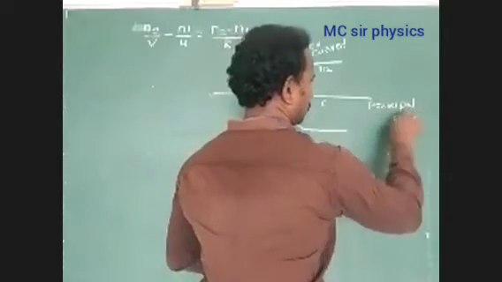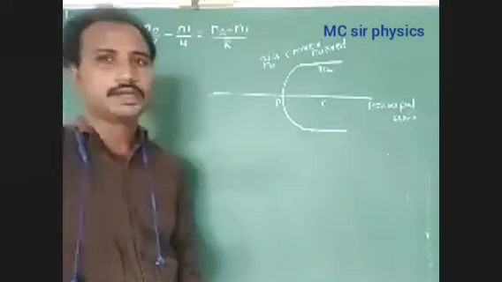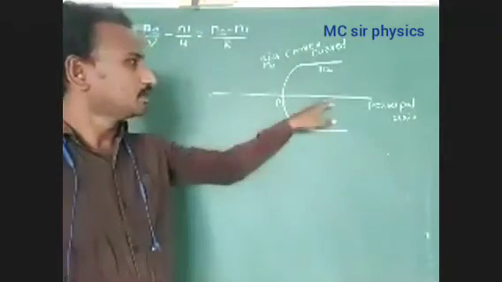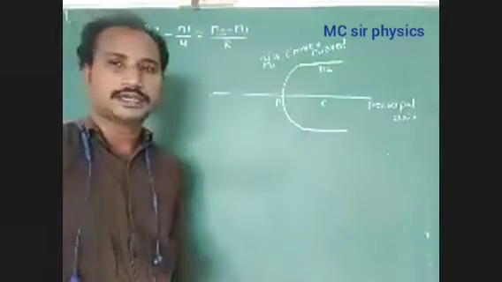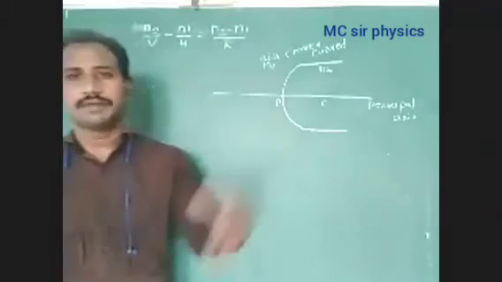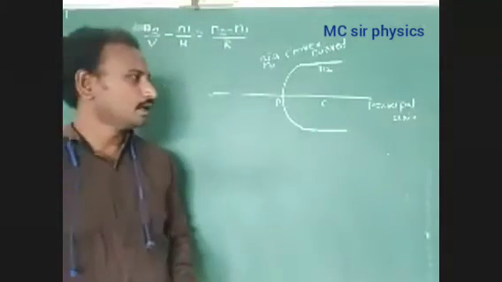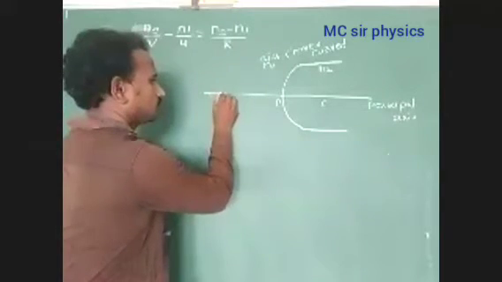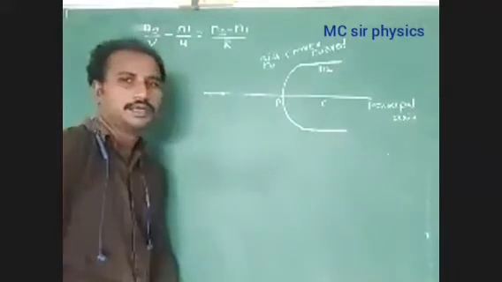Do we have any doubt? Principal axis. The midpoint of this curved surface is called the pole, and the center of this curved surface is called the center of curvature. Pole and center of curvature lie on the principal axis. Now we have to consider the position of an object on the principal axis.